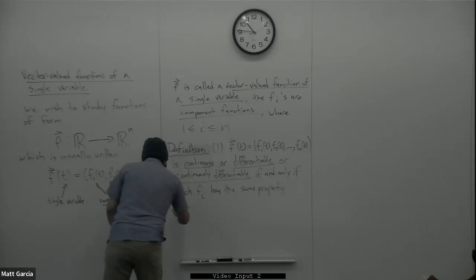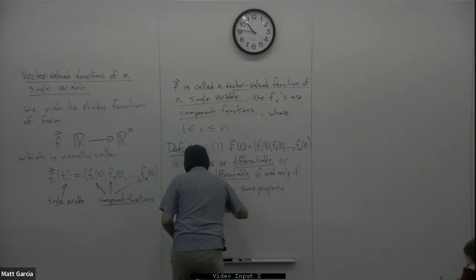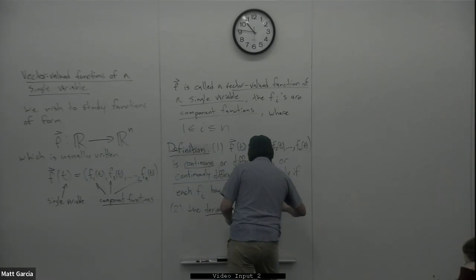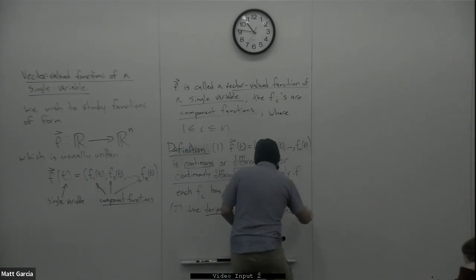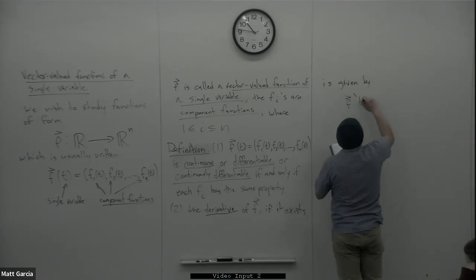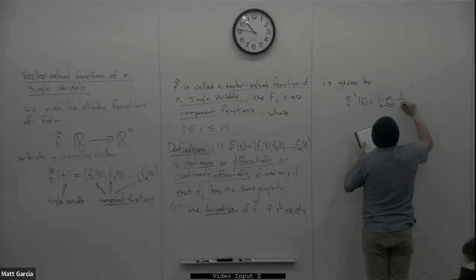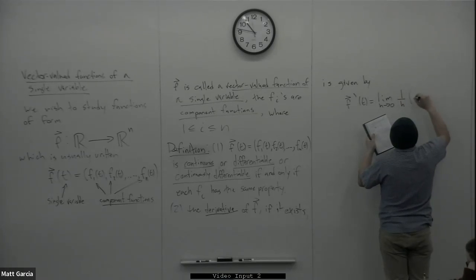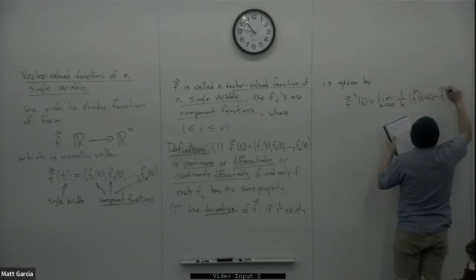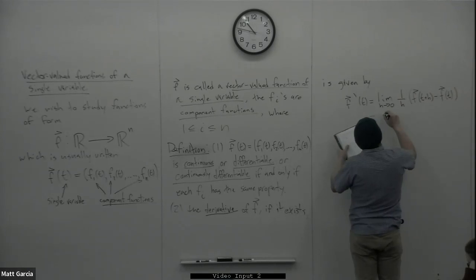Right, part 2 here. The derivative of f hat, if it exists, is given by f hat prime of t equal to the limit as h approaches 0 of 1 over h times f hat of t plus h minus f hat of t, which of course is just the same.